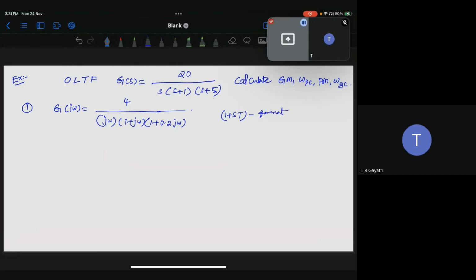That's why here we have 0.2 omega. We are taking the 5 common, so 5 and 20 result in 4. Now we are writing this table. Let's quickly write this table also.